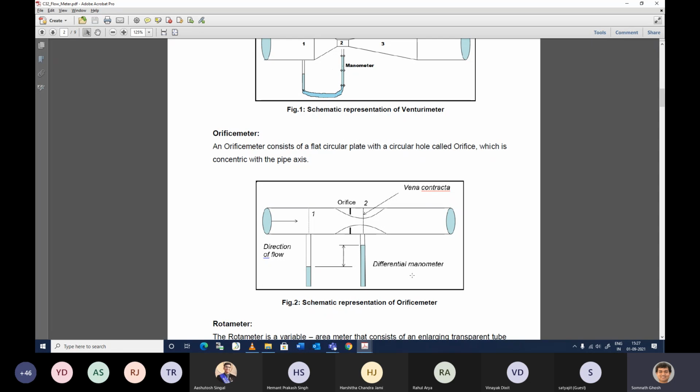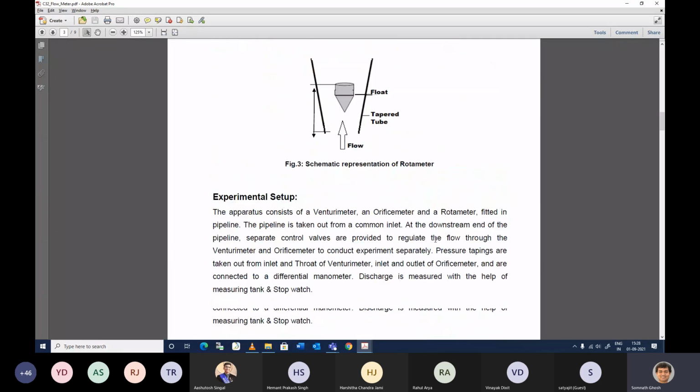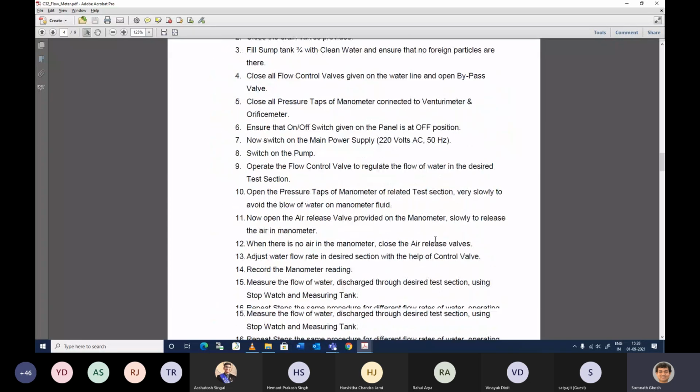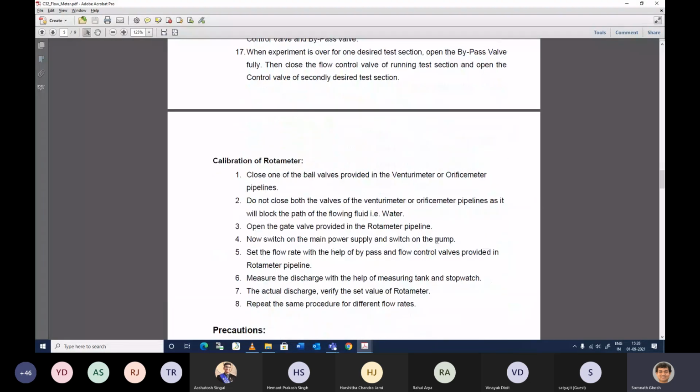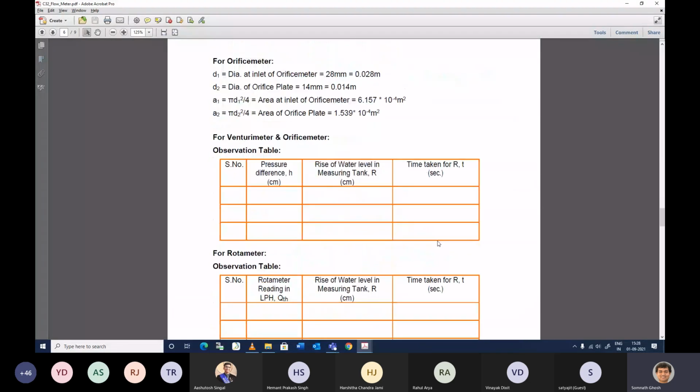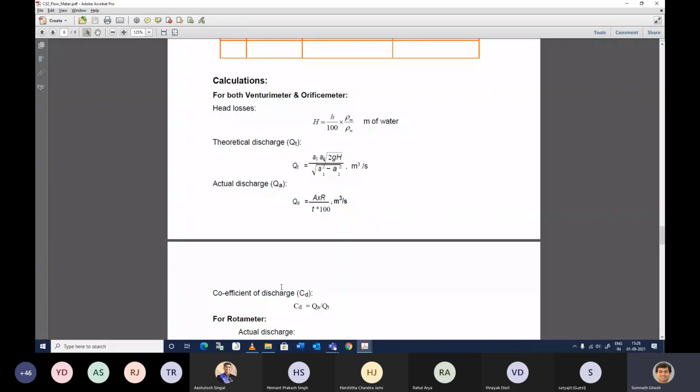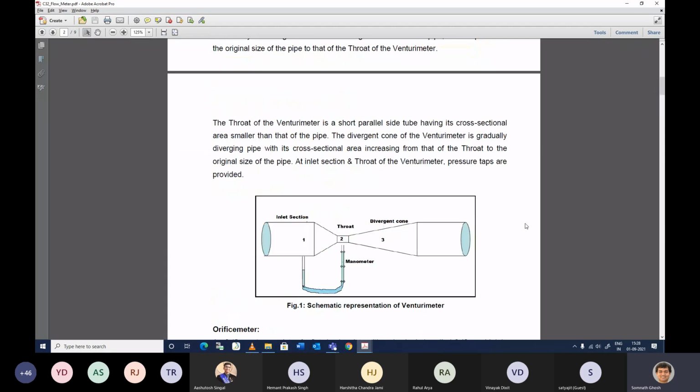Basically, from the manometer reading, you derive all those parameters which are mentioned here, like the coefficient of discharge. That's the targeted parameter you need to calculate. For this calculation, you need to do other calculations also, and from those readings you can get it. Okay, so that's all for the orifice meter.